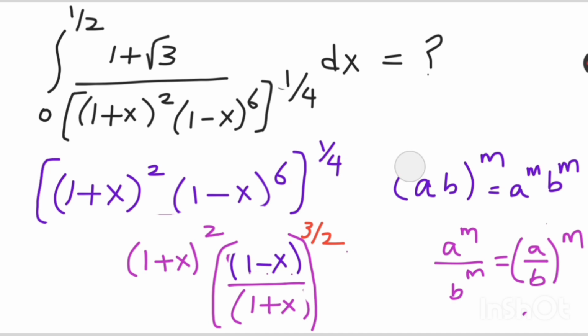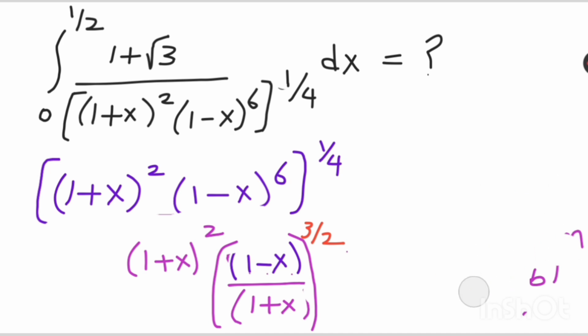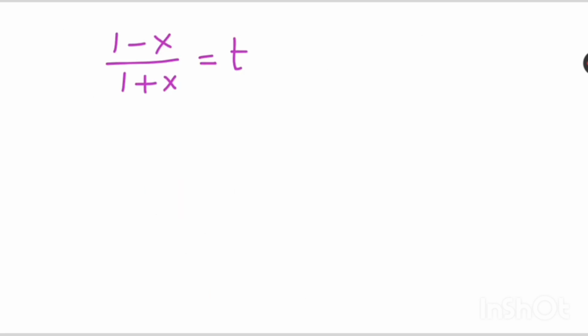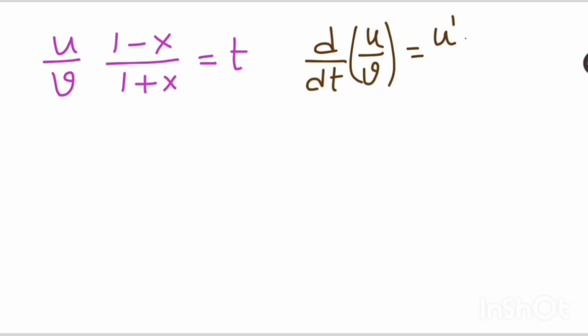That's why let us consider this (1 minus x) over (1 plus x) as some variable. Just name it as t. Now observe this, it is in the form of u over v. So let's take the derivative of this. What is the formula for the derivative of u over v? It is u prime times v minus v prime times u, over v raised to the power of 2.